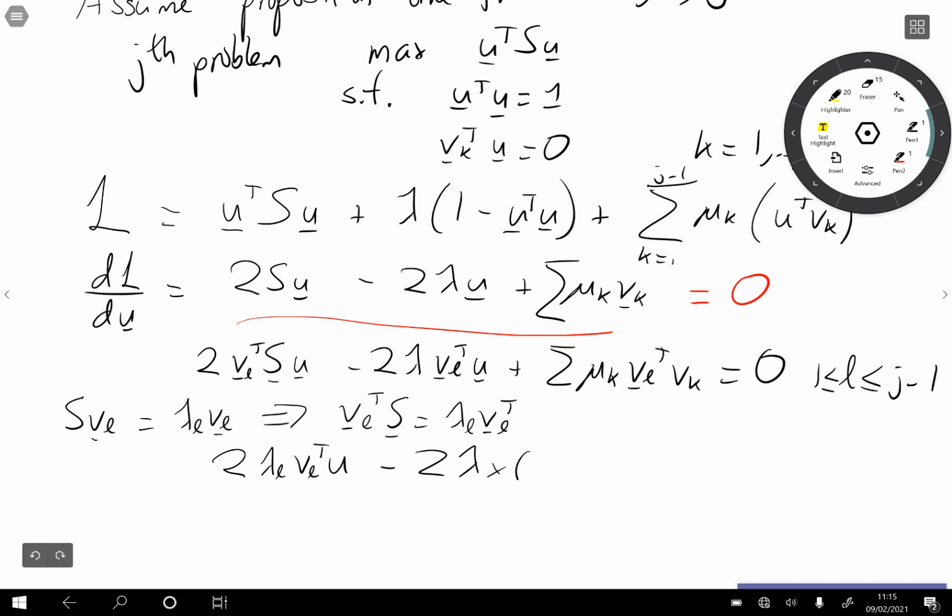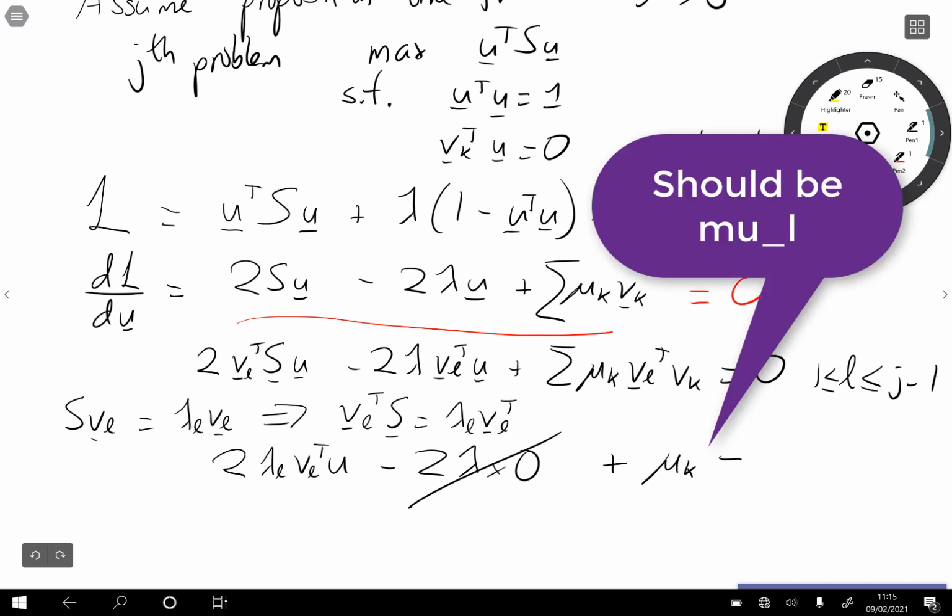So this is times 0, so let's just ignore that term. Then this term, well, v_l transposed v_k is 0 if l doesn't equal k, and it's 1 when l equals k. So this just gives us mu_k equals 0.